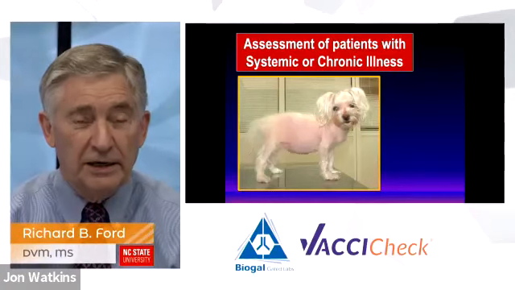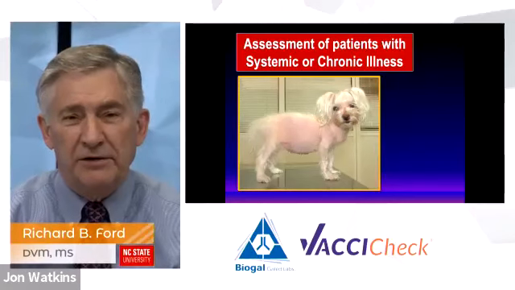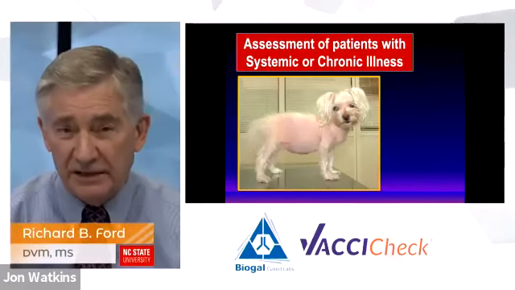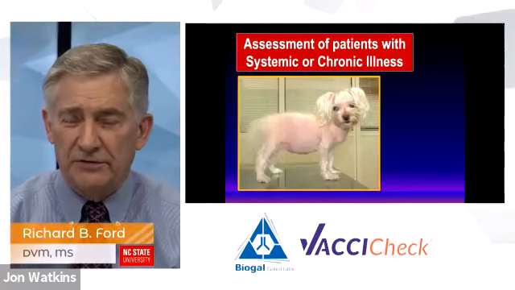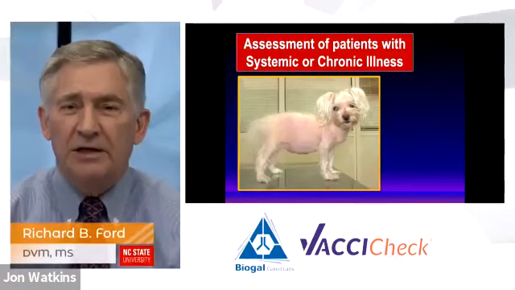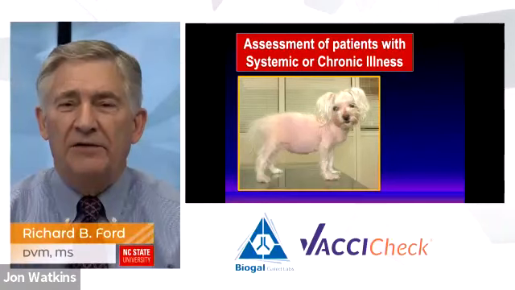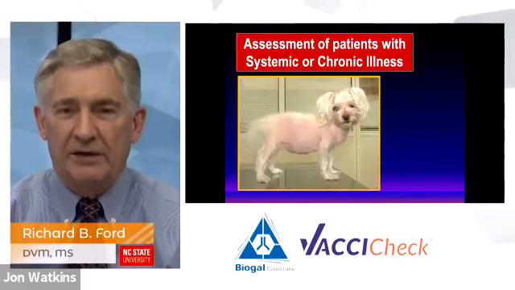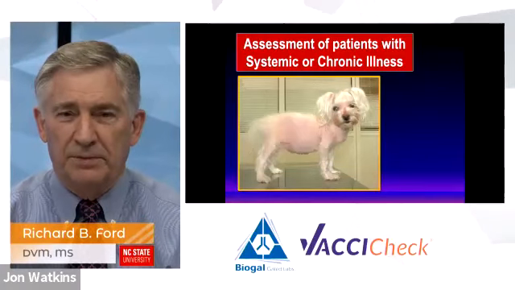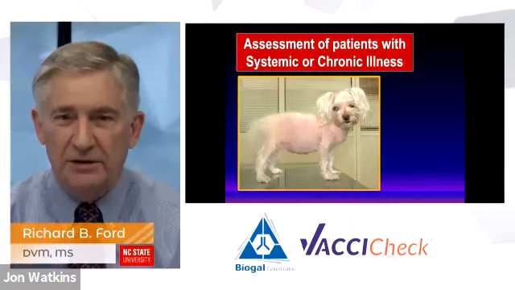parvo or adenovirus. I want to remind the audience that in the United States, at least, and in the province of Ontario, you don't always have a choice. Rabies is one vaccine that may or may not be allowed to be waived or exempted in the individual patient due to medical illness.